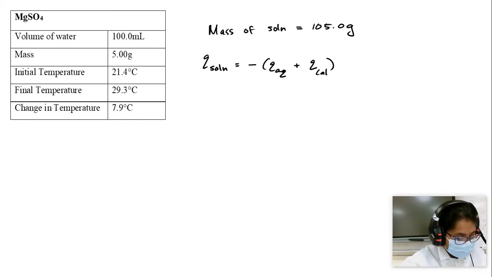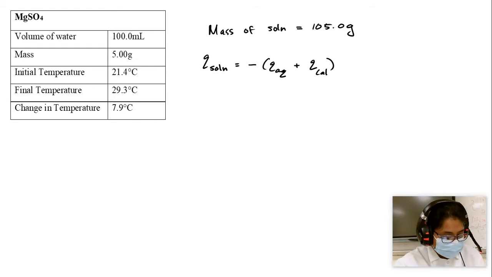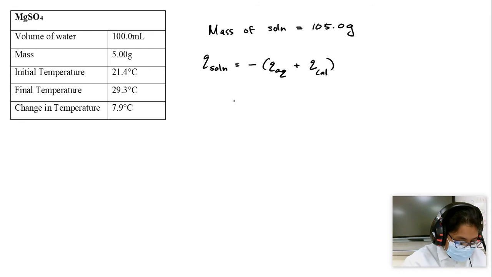Okay, so this is what your work should look like. And then this Q of solution is basically the molar heat of solution, because remember, heat is the same as enthalpy in terms of this kind of reaction because we don't have work. So enthalpy and heat are the same thing. Okay, so let's calculate Q for the solution.